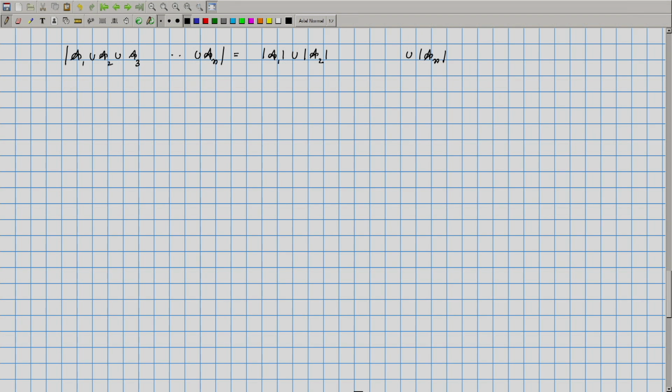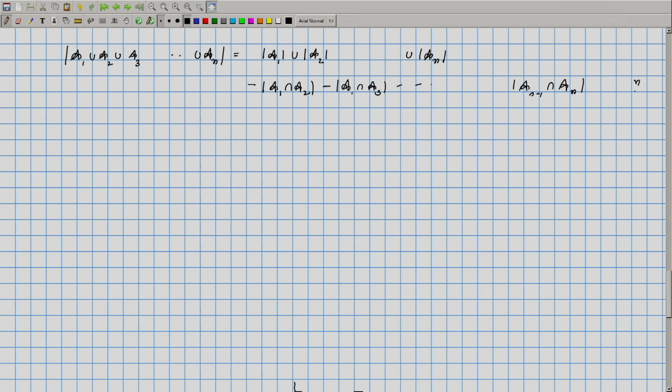So, we need to exclude. Here we have included many things, now we need to exclude things which have been counted twice. So, minus A1 intersection A2 minus A1 intersection A3 all the way up to A_{n-1} intersection A_n.